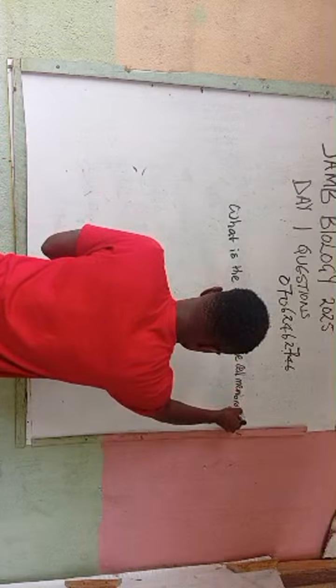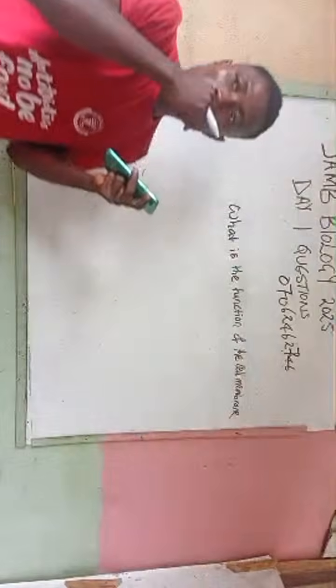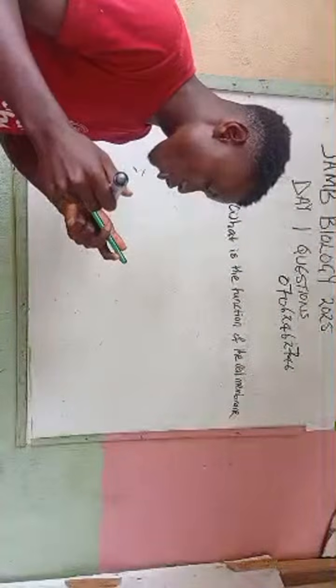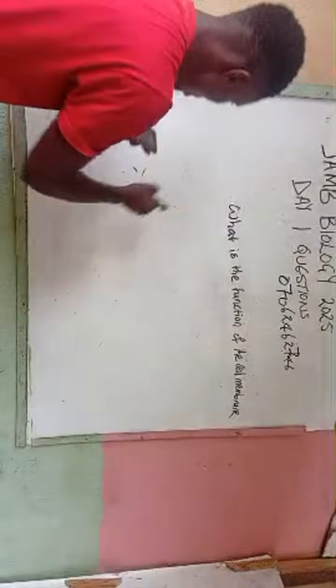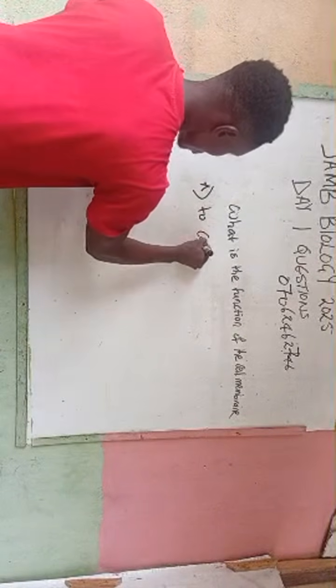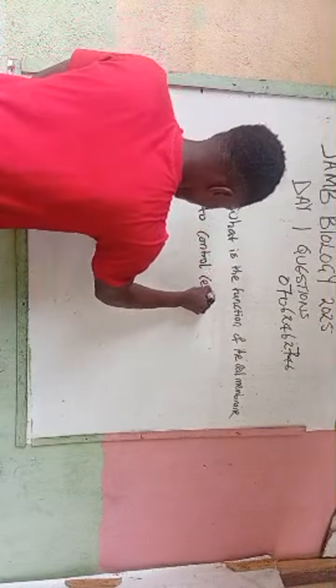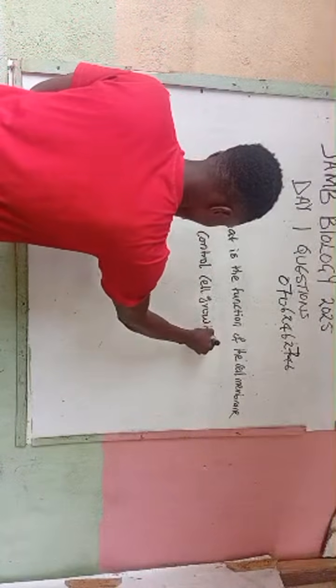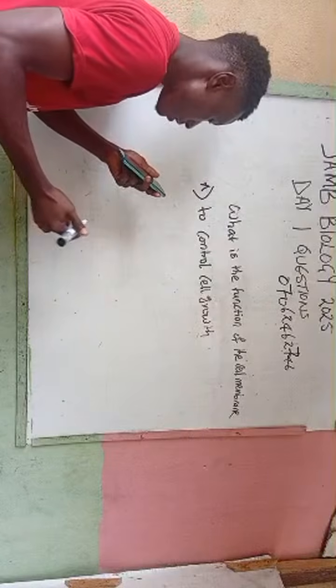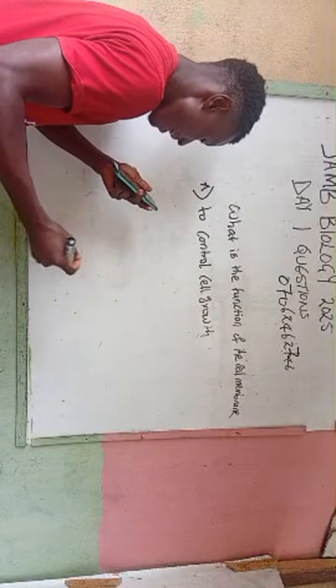We have here A, to control cell growth. B, to regulate what enters and leaves the cell.